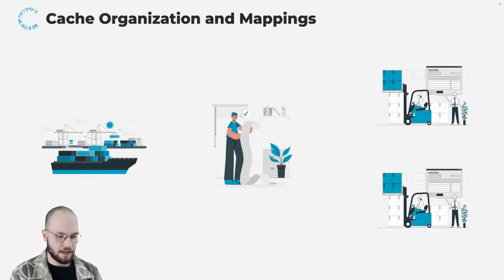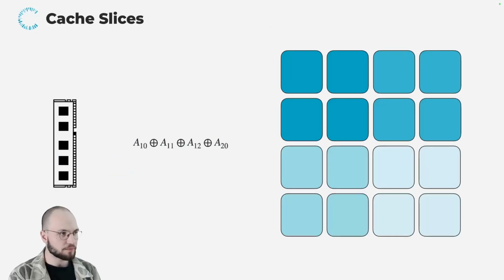And exactly the same you are doing in caches. In a cache, you also have different slices. These are subpartitions of the cache. And these slices are addressed depending on a linear combination, or as we see later, nonlinear combination of the address bits.